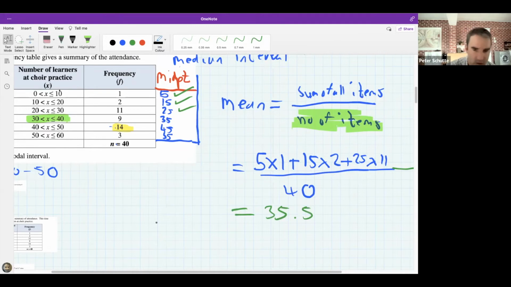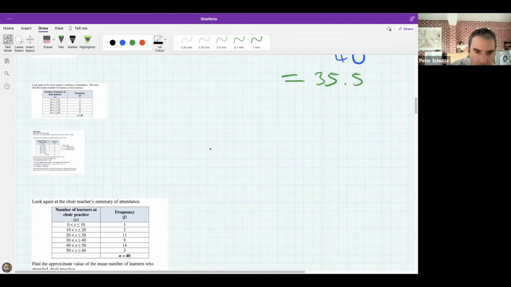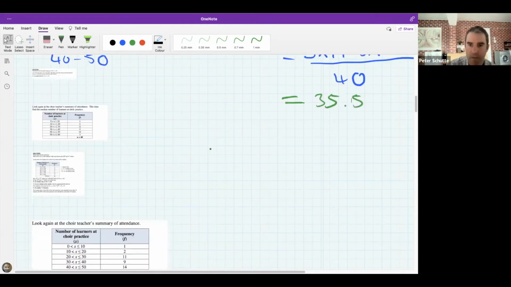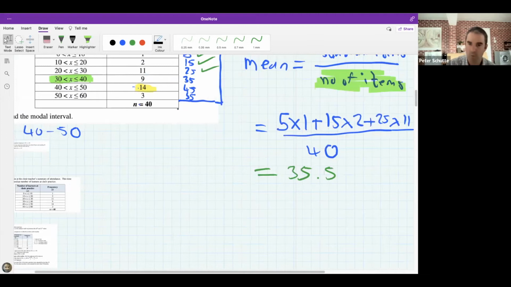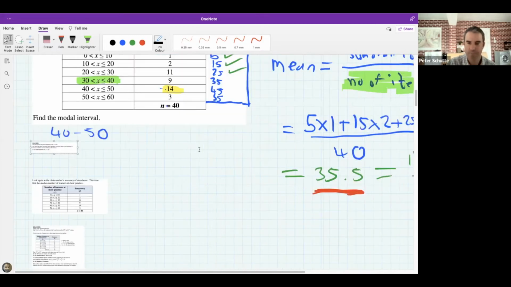Let's have one more check of my answers if they're here. 1420 divided by 40. So the top total is 1420, the bottom is 40, and you should get 35.5. And that is called your estimated mean. And that's a very common exam question.